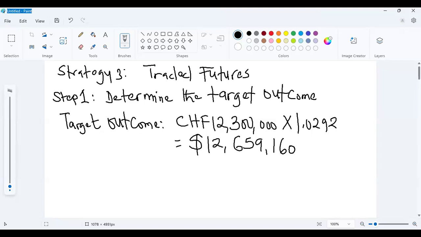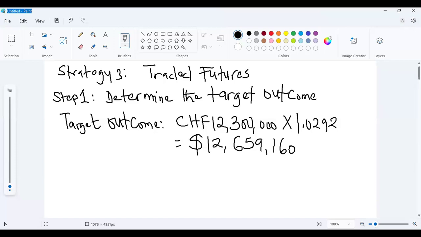Meaning that our target is if you receive this money in 6 months' time and we convert to dollars, we must not receive less than 12,659,160. No matter how the currency fluctuates, we must not receive less than this. Because the purpose of hedging is to protect yourself against fluctuation in exchange rates.